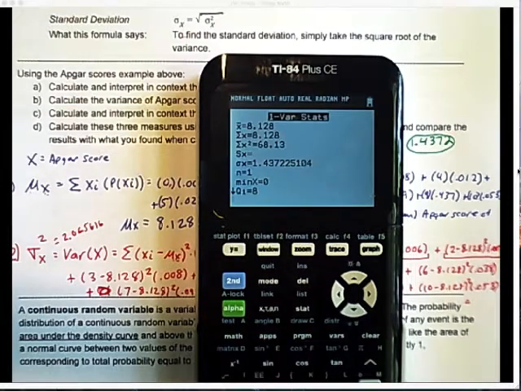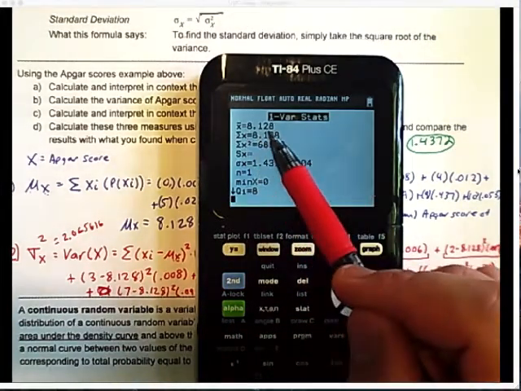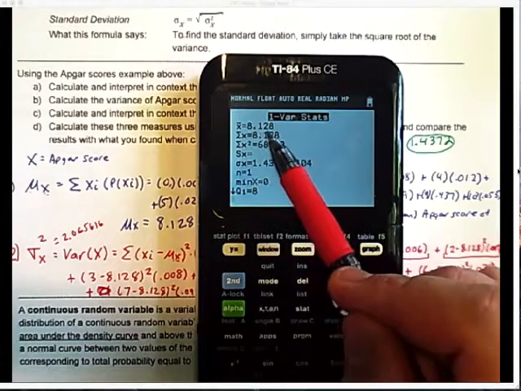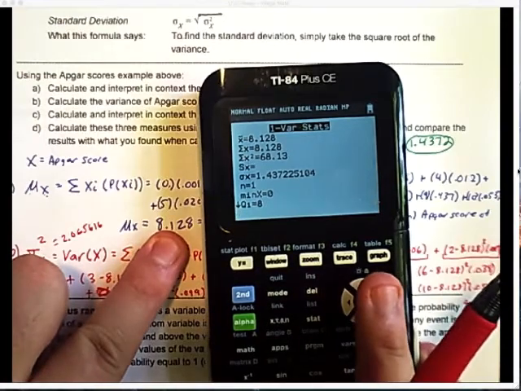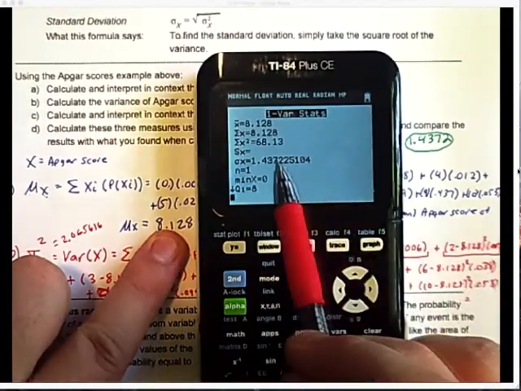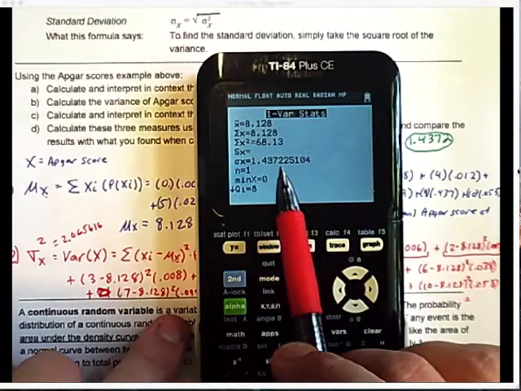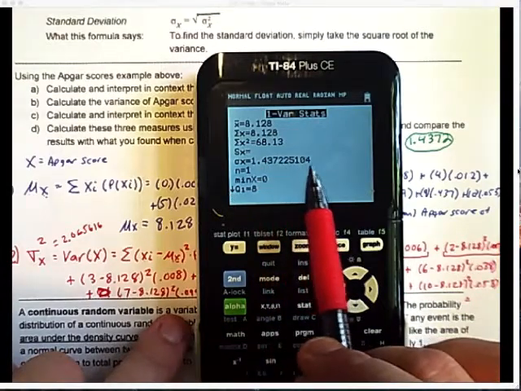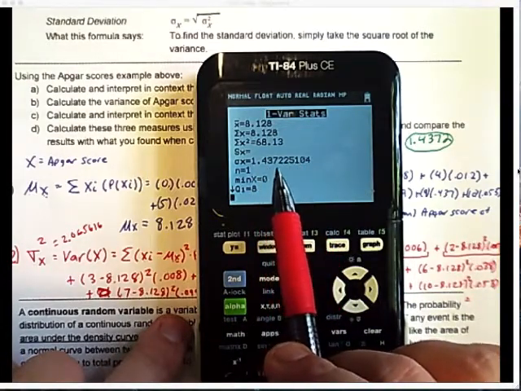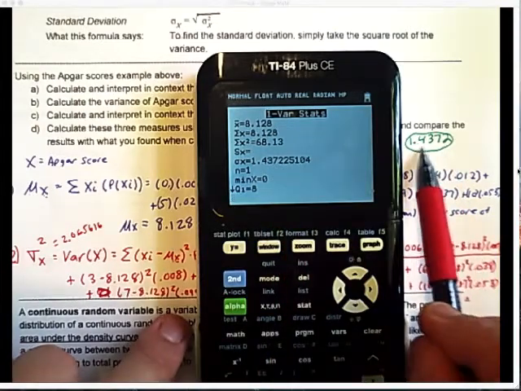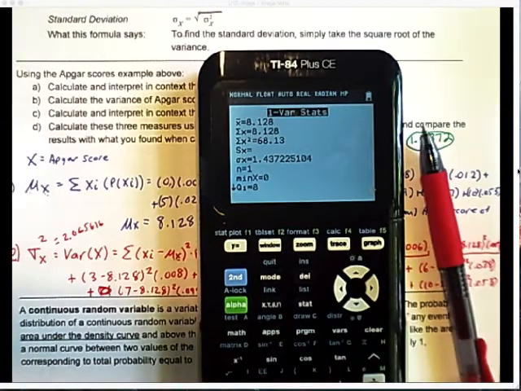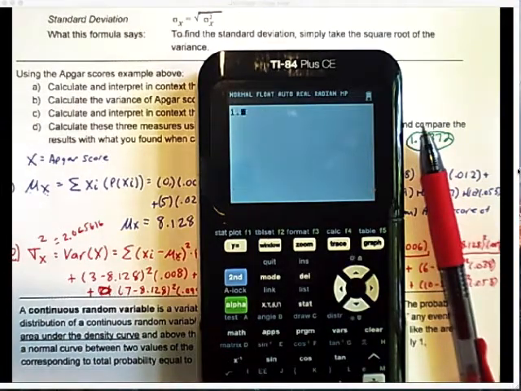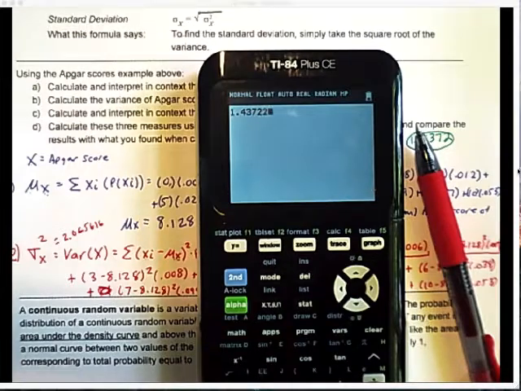And when you do that, notice here, it gives you X bar, it gives you the mean, 8.128. That's the exact same number we got there. Notice, it will not give you the variance though, but it does tell you the standard deviation right here, 1.4372. Now, if we wanted variance, all we would have to do is go 1.4372, I think there was another 2 after that, and square it.